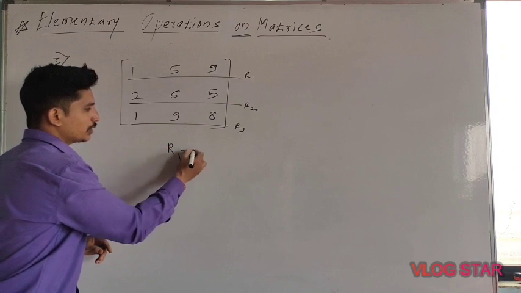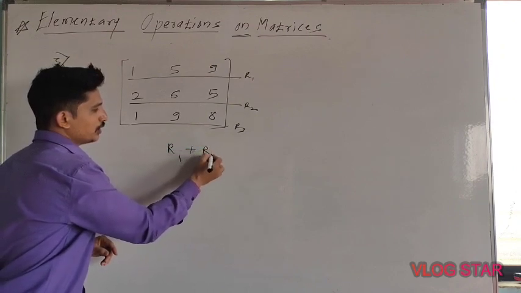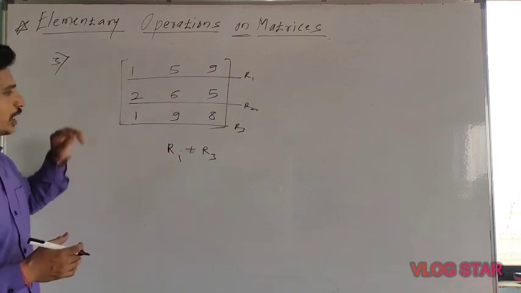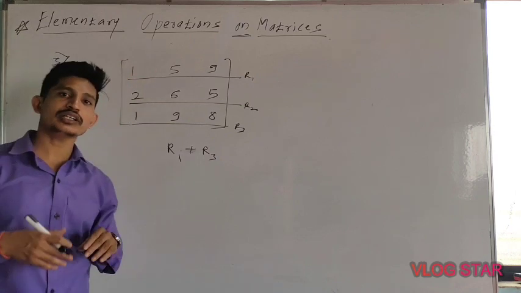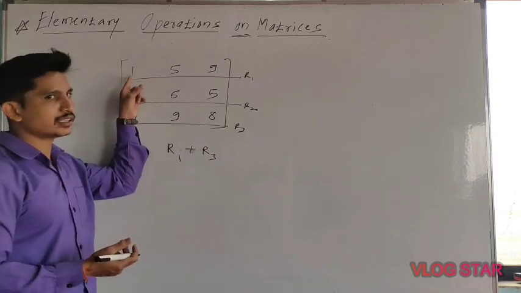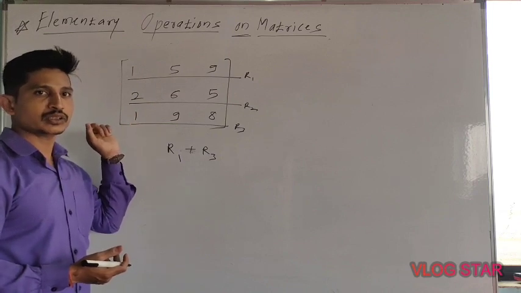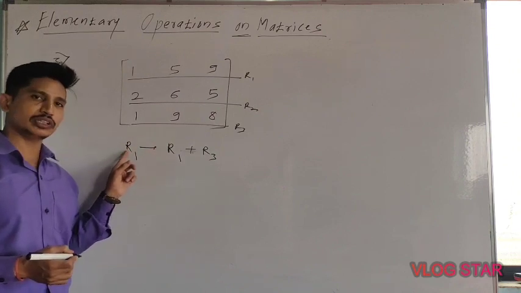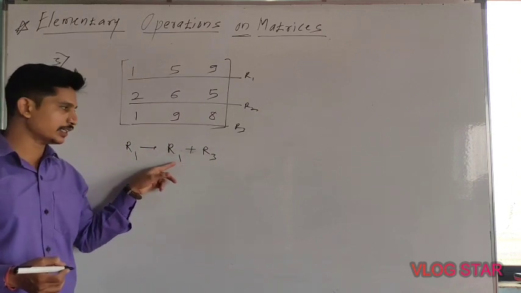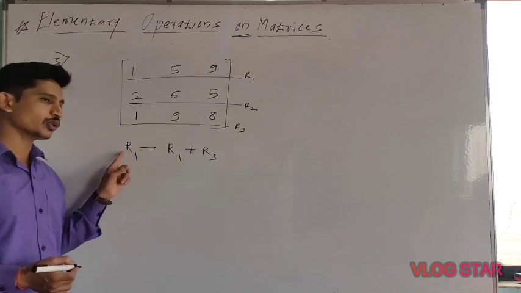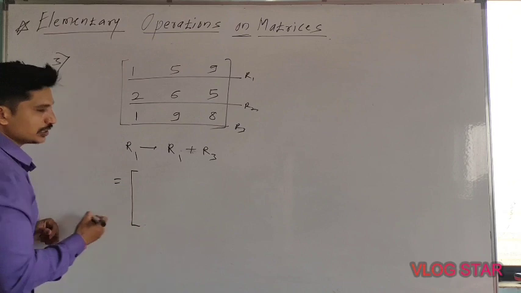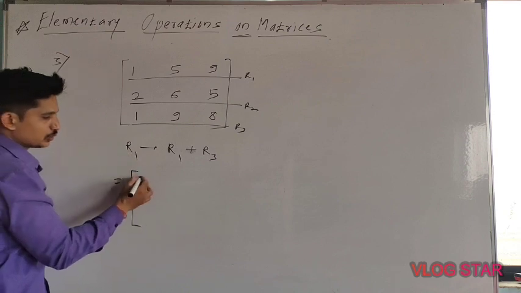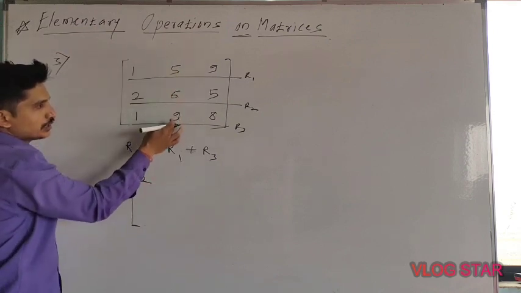So how to do it here? R1 plus R3. If I add, 1 plus 1 is 2. Where should 2 be written, in row number 1 or row number 3? We are writing in row number 1, so we write R1 plus R3 and put the result in row number 1. 1 plus 1, 2, in row number 1. 5 plus 9, 14, in row number 1.